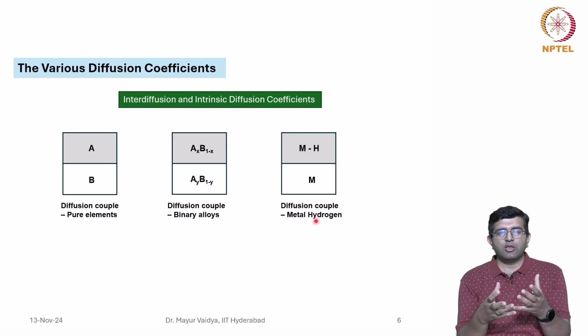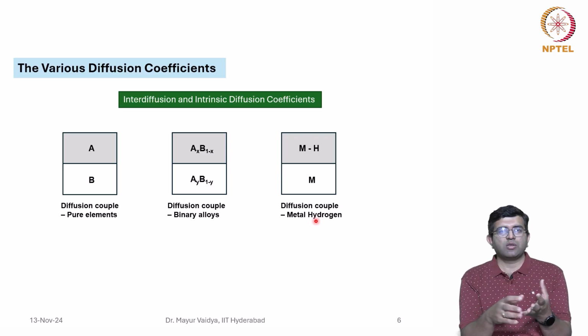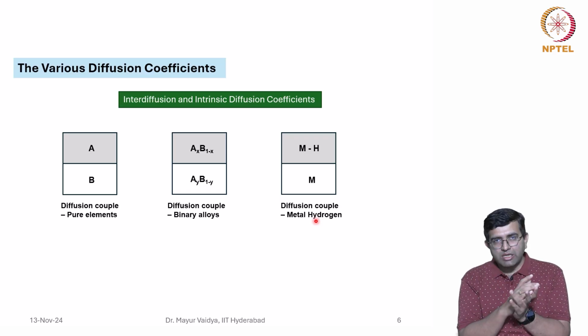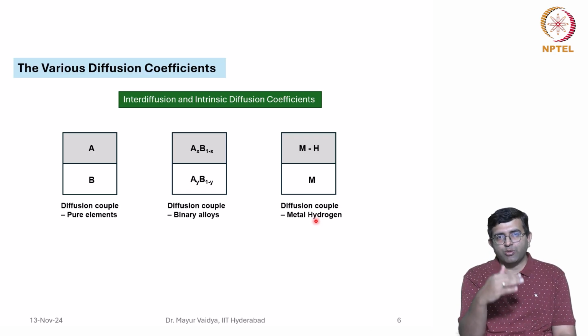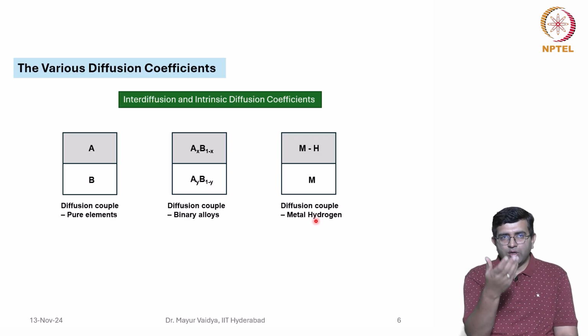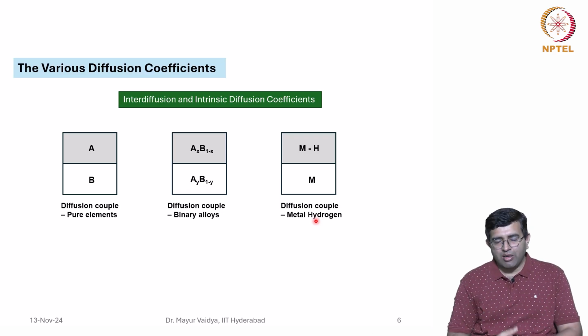Remember that in a binary system, the interdiffusion coefficient is a measure of intermixing. Therefore, there is only one interdiffusion coefficient. There are no separate interdiffusion coefficients for A and B, whereas the intrinsic is defined for A separately and B separately. But intrinsic diffusion coefficients differ from the tracer diffusion coefficients in that they are determined when there is a driving force present.